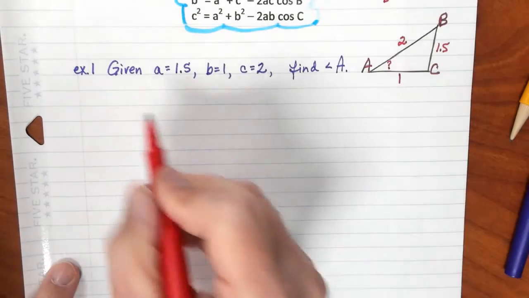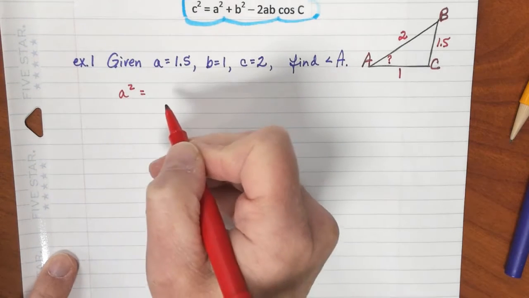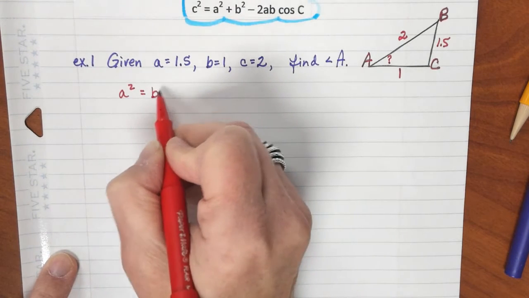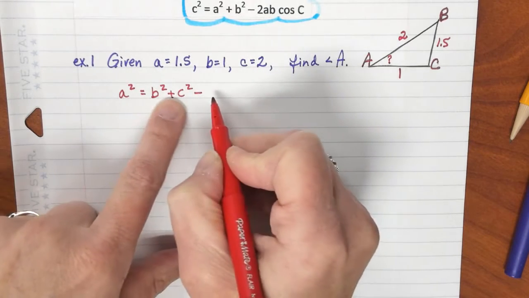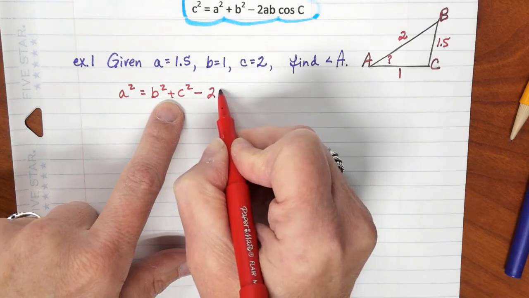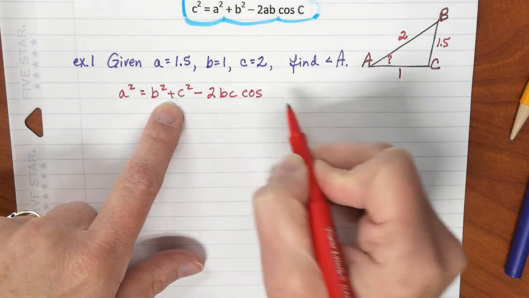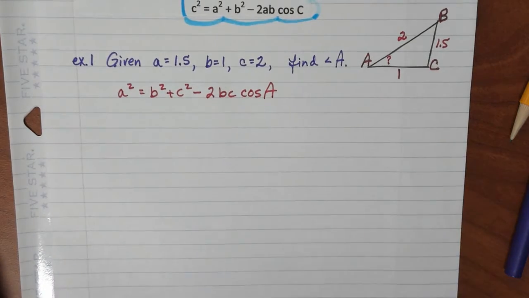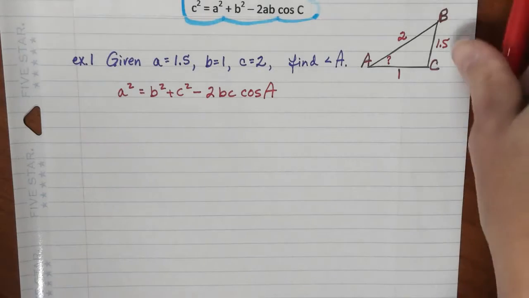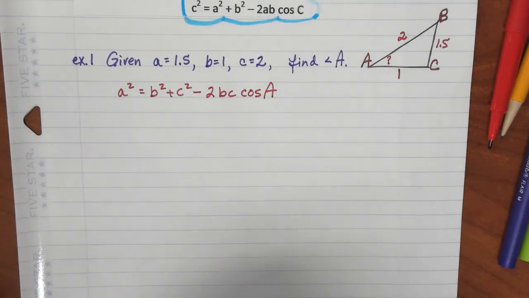So let's write out the equation. That would be a squared, and try to do it without looking. A squared is b squared plus c squared minus 2 times these two values, b and c, and then the cosine, because this is the law of cosines, of a. All right, and now we are simply plugging this in. So here we go. Let's pick another color. Let's try purple.